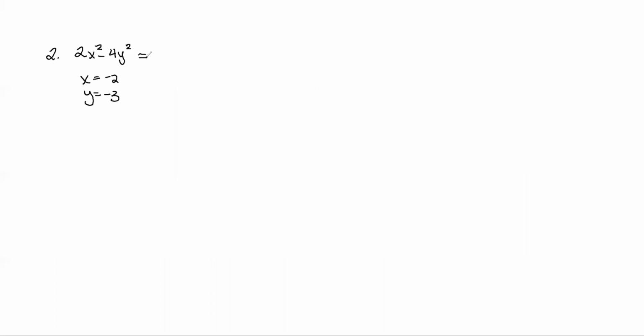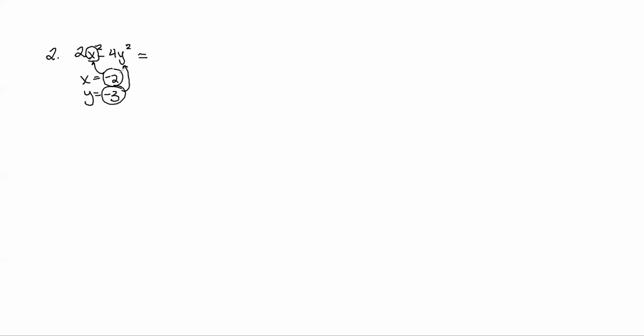One thing to keep in mind here, we're plugging this -2 in for x and this -3 in for y. So this entire x is becoming -2. We're going to put this -2 in parentheses. Before you actually plug anything in, you can replace all of your variables with empty sets of parentheses.